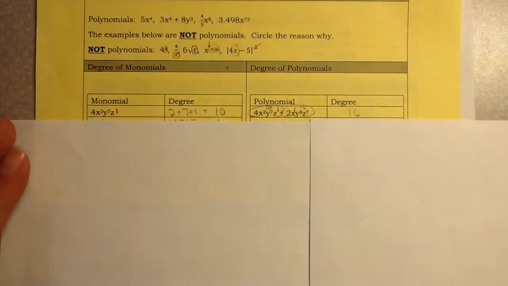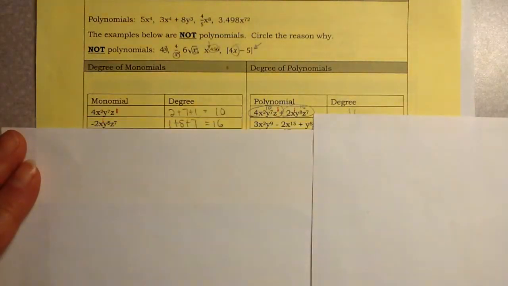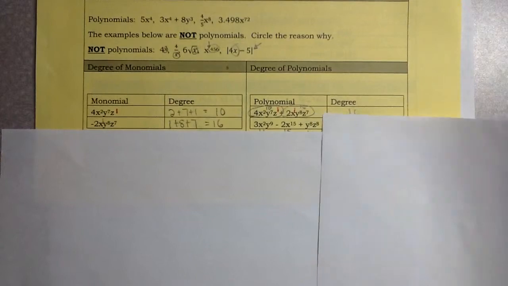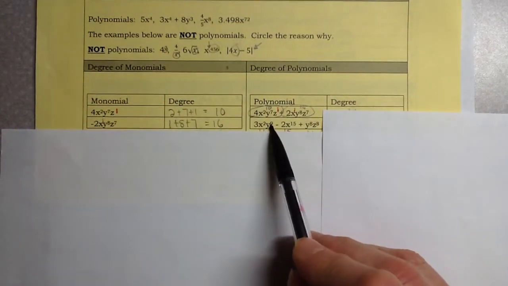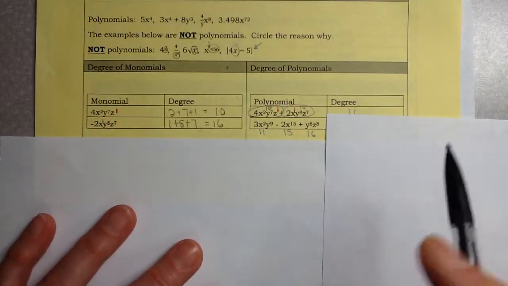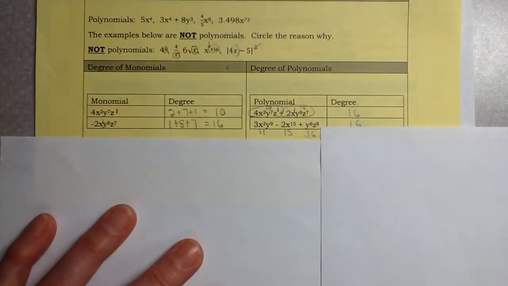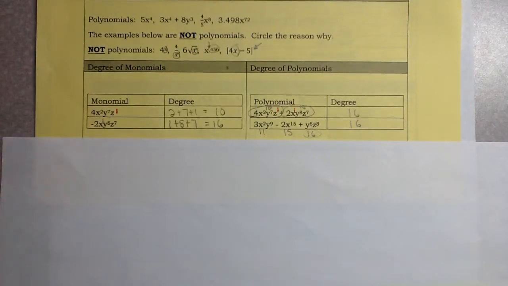So always choose the highest after you figure the individual monomials of the polynomial. All right, now the next one we have. This one is going to be 9 and 2 is 11, and this one would be 15, and this one would be 16. So again, 16 is the degree of the polynomial. It's the highest degree of the individual monomial inside the polynomial.